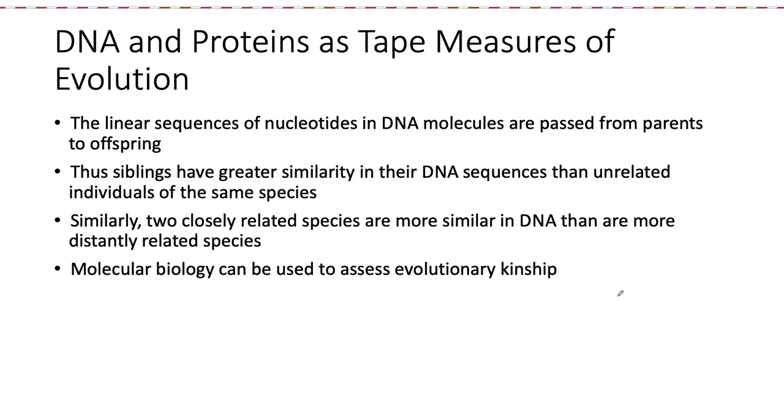This leads to understanding that siblings have more DNA in common than cousins, for example, or completely unrelated human beings, things of the same species. We use that same logic to understand that two species that are closely related have more similar DNA than two distantly related species. So using this kind of molecular biology of bioinformatics and genomics and proteomics really does become extremely useful in understanding evolutionary kinship.